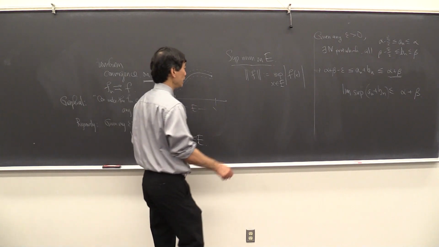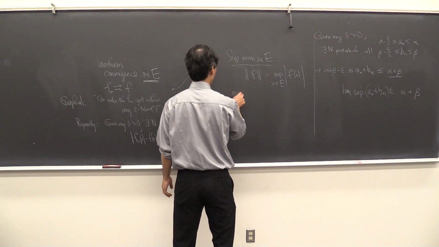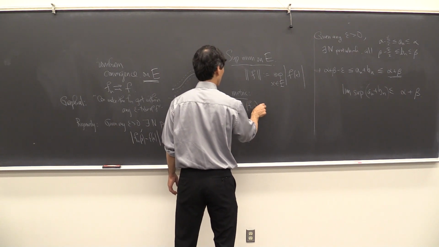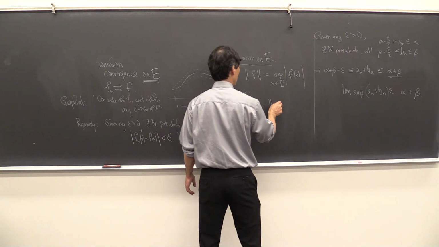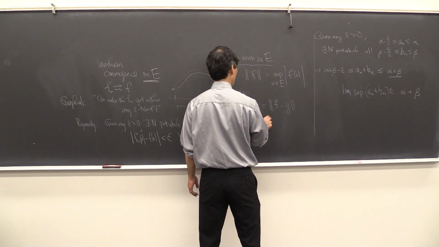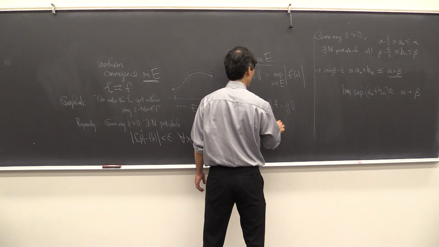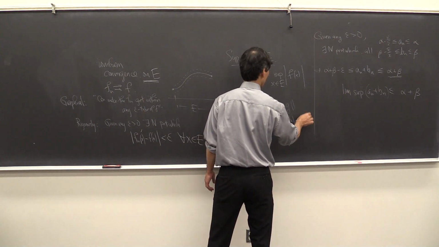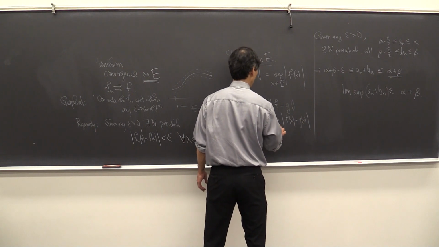Then you define a metric by saying the distance between two functions is the sup norm of the difference. In other words, you take the supremum of the absolute values of the differences over the set.